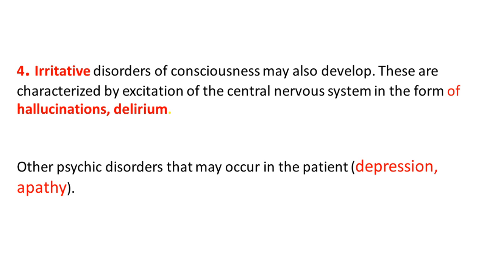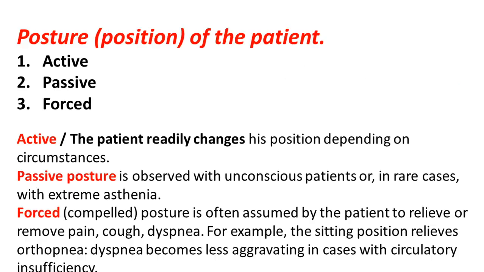Sometimes we recognize irritative disorders of consciousness, for example, hallucination and delirium. Sometimes other disorders like depression and apathy may develop. And then you assess the posture or position of patients.